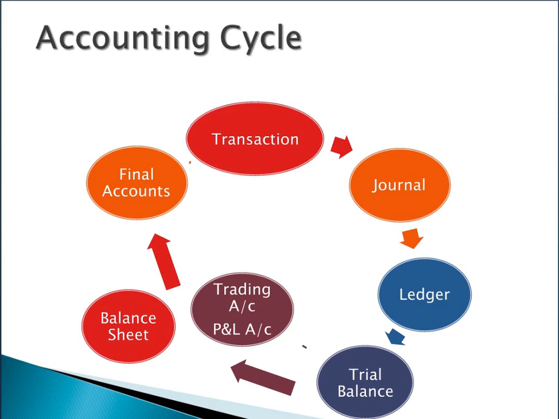The next movement is ledger. From ledger, all the balances are extracted to trial balance. From the trial balance, the nominal accounts are moved to trading or P&L account. The real and personal accounts are moved to balance sheet. This put together is called final accounts. Very nice chart.